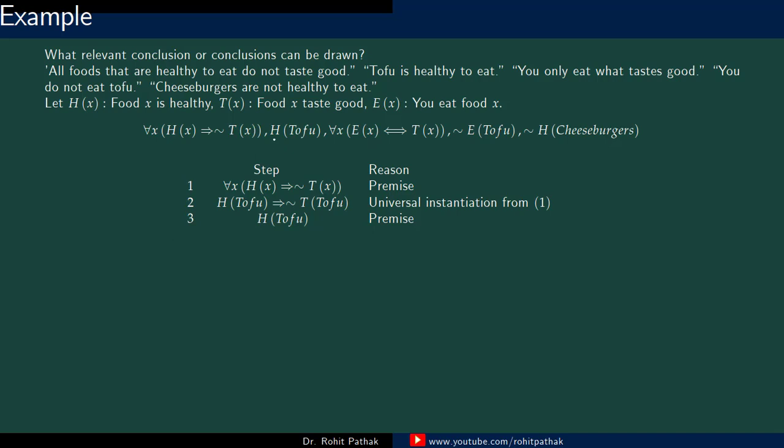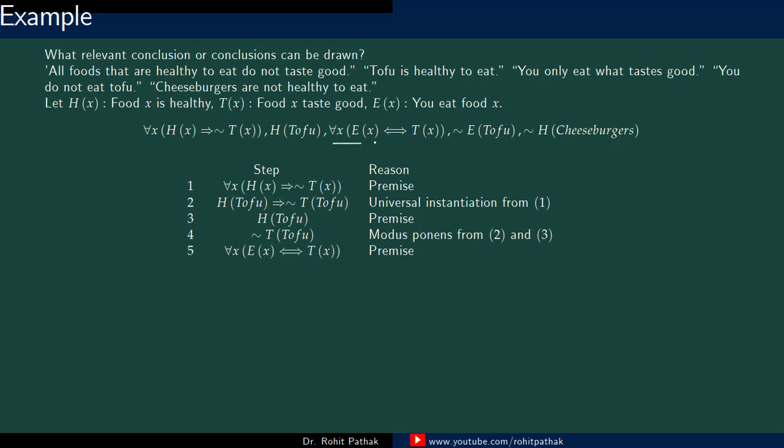H tofu is again a premise. Tx is food x tastes good. From here we get, using modus ponens, P implies negation Q and P, so negation T tofu, that means tofu does not taste good.